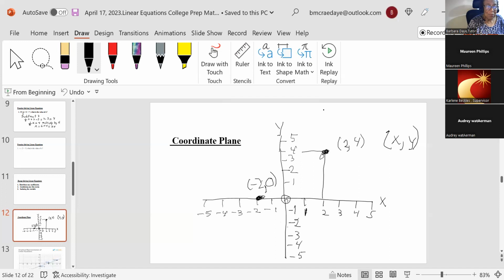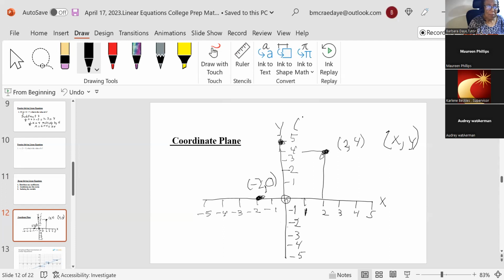So if your point is sitting right on the x line, then your y is 0. If it's sitting on the y line, then the x is 0. So if I was right here, Maureen, what is that point right there?